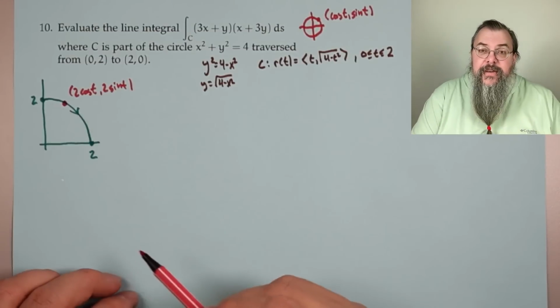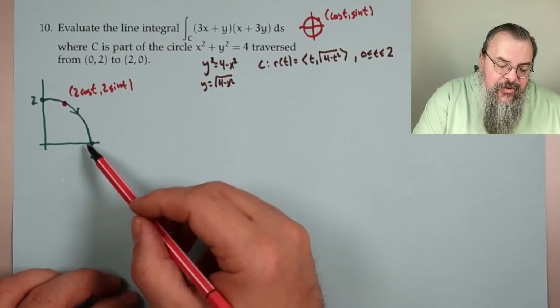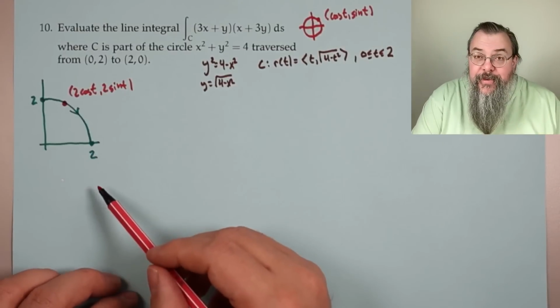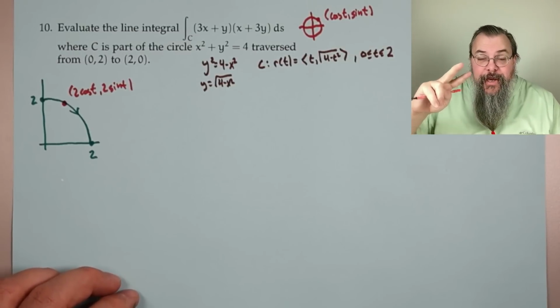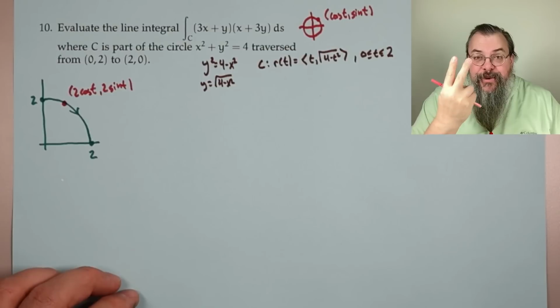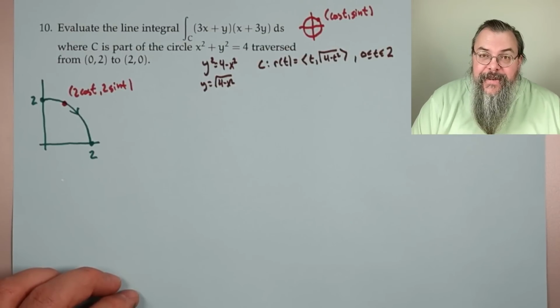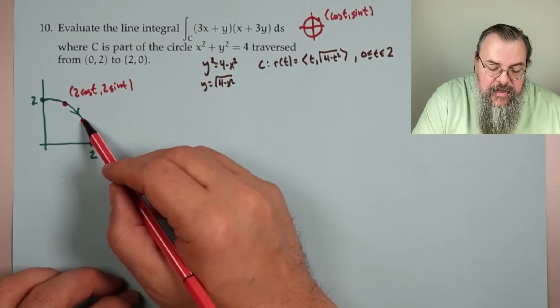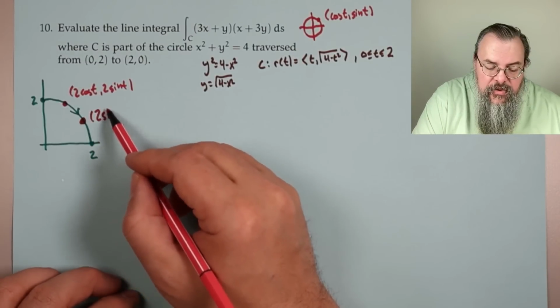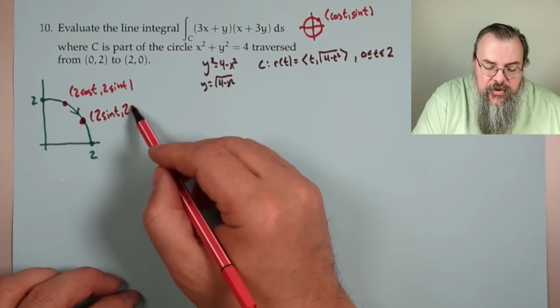So it's like, man, it's sort of doing the mere opposite of what we want. And so then it's like, oh, let's swap the roles of x and y. What happens then? Well, what happens then is you say it's 2 sine t, 2 cosine t.